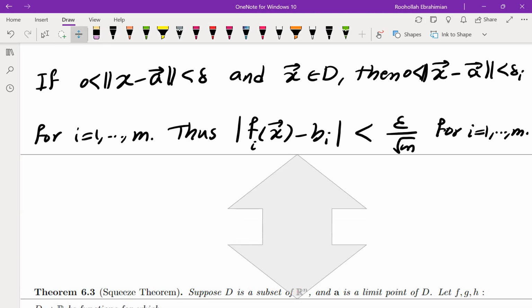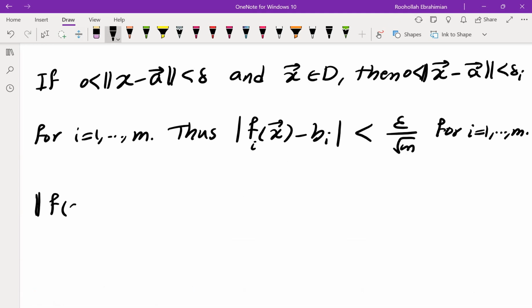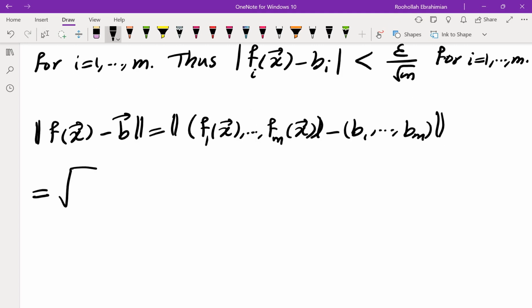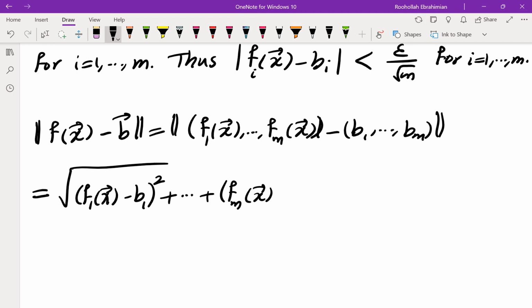Now let's take the distance between f of x and b. This is equal to the norm of (f1 of x all the way to fm of x) minus (b1 through bm), which is equal to the square root of (f1 of x minus b1) squared all the way to (fm of x minus bm) squared.